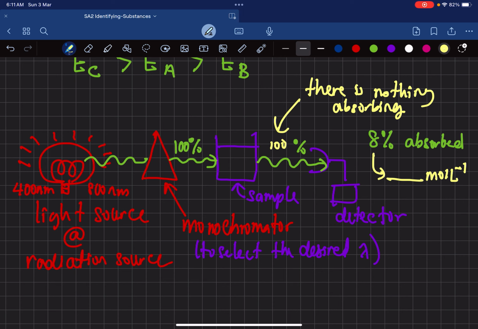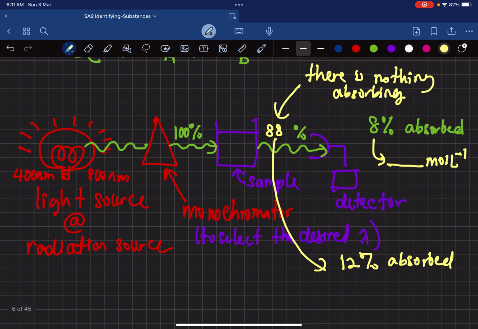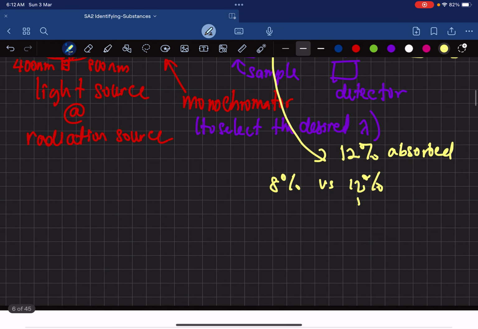Then there is also a possibility that when the light passes through, what comes out is, let's say, 88%. It means that 12% is absorbed. So earlier was 8%, now is 12%. Logically, 12% is greater, so this means that there is a higher concentration here.